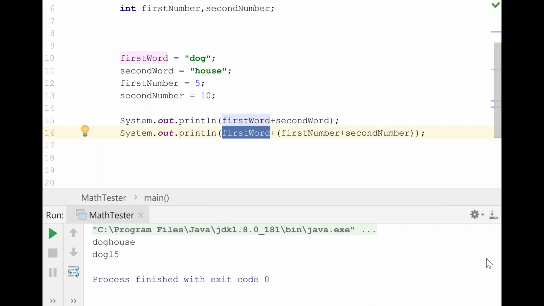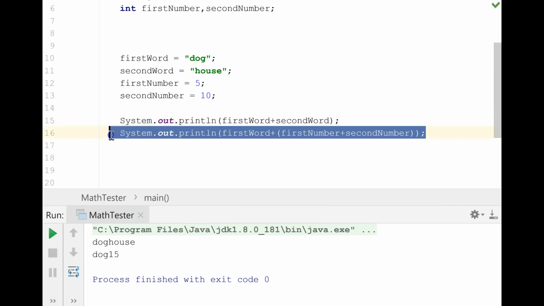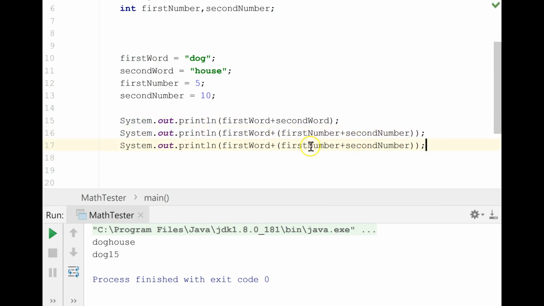See, so it actually added it now. Okay, so let's do some operations so we can see what it is. Let's go ahead and print out, and we're going to write some phrases in here.